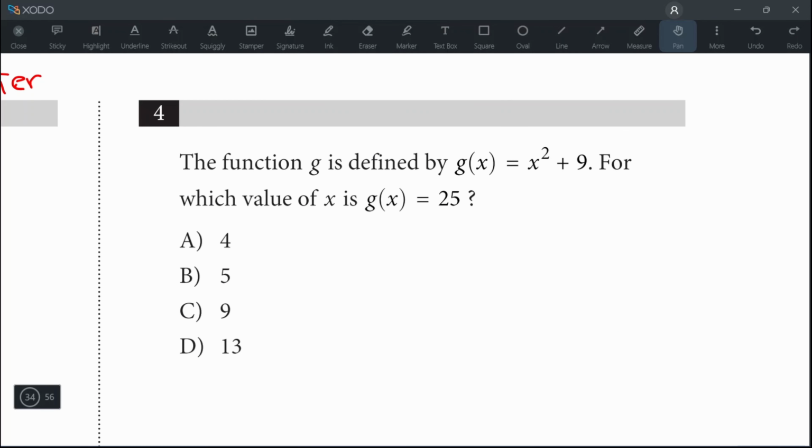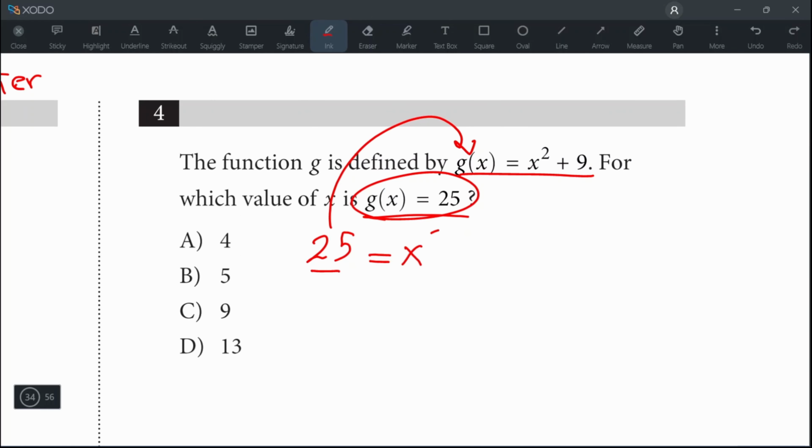The function g is defined as g of x equal to x to the power of 2 plus 9. For which value of x is g of x equal to 25? So here we are given the value of g of x, which is 25. What we're going to do is substitute that value into the function given. So we'll have 25 equal to x to the power of 2 plus 9. And we'll solve for x, because he asked us about the value of x that will lead to a value of 25 on the other side.